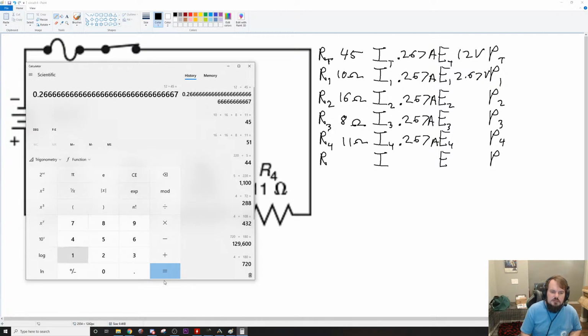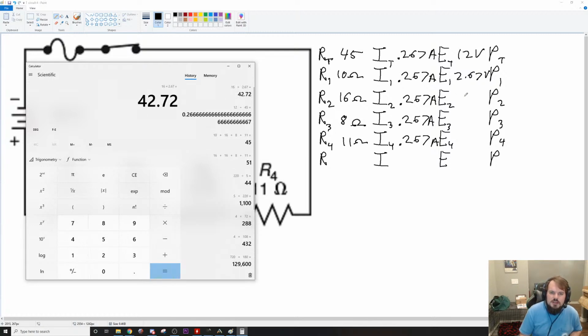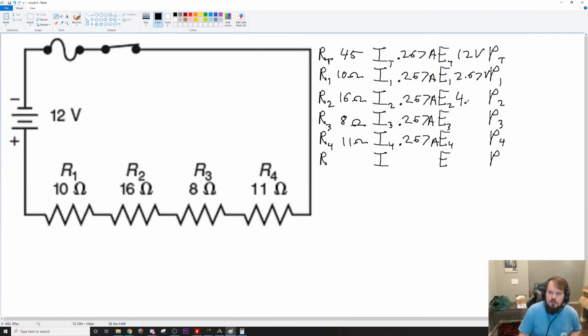16 times 0.267 is 4.272 volts. The next one's going to be half, because it's half the resistance, so it's going to get half the voltage.